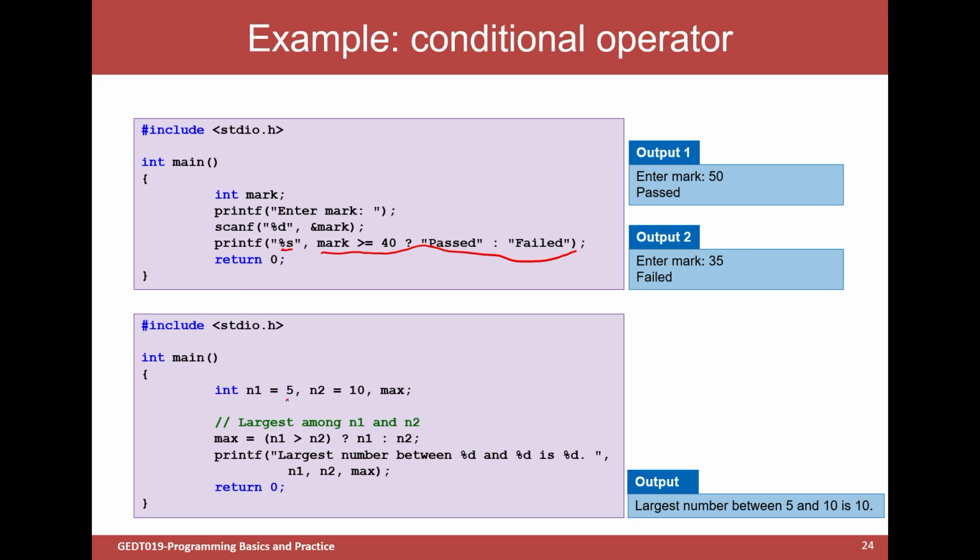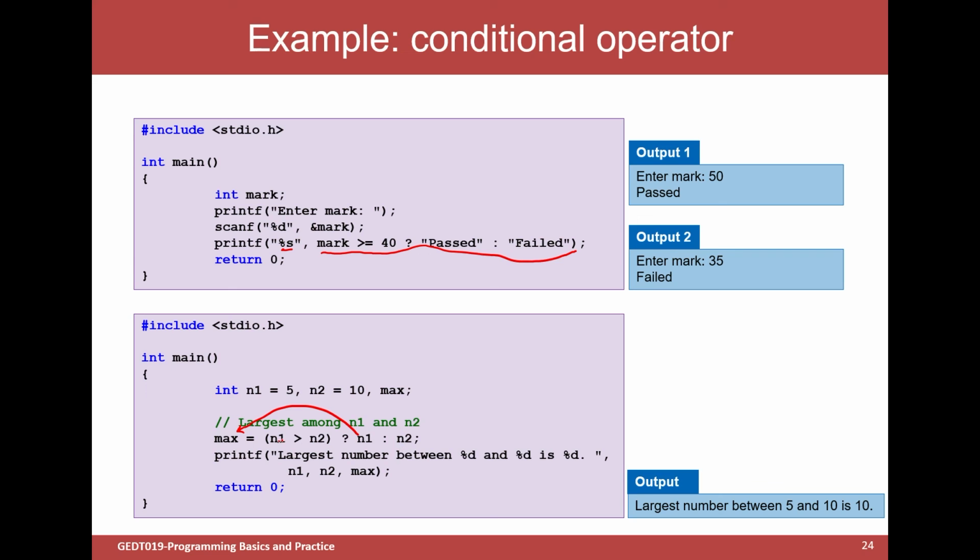Another example, same thing. I say here, there's number 1, number 2, and there is max. If number 1 is more than number 2, that means this is true, then max equals number 1.